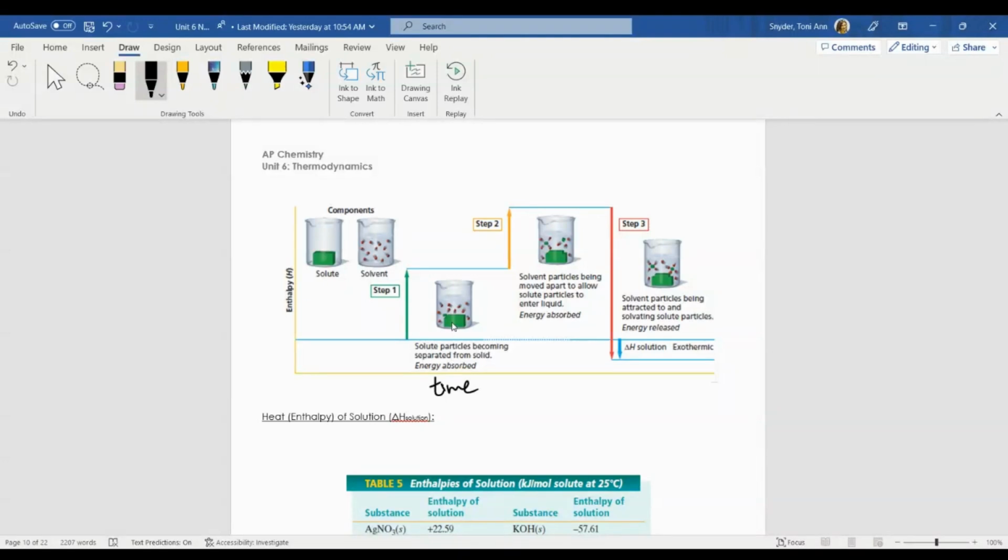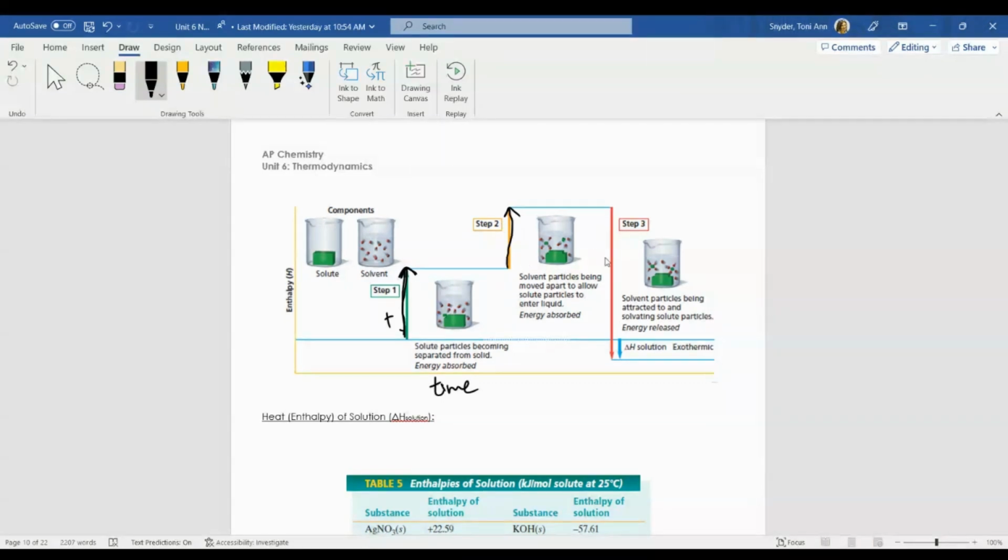I have to break some ionic bonds here. This requires energy, so we'll notice that my enthalpy is increasing. This is a positive value for enthalpy going up, step 1. Step 2 also requires energy. The solvent particles also have to move apart from one another to allow the solute particles to enter the liquid.